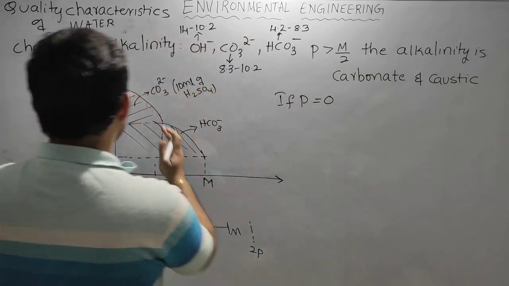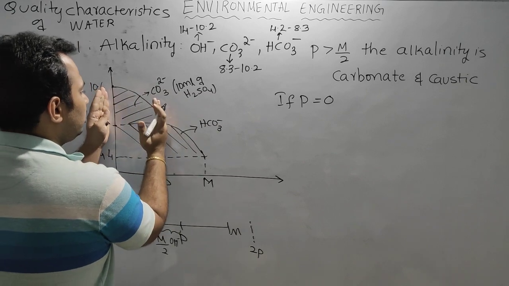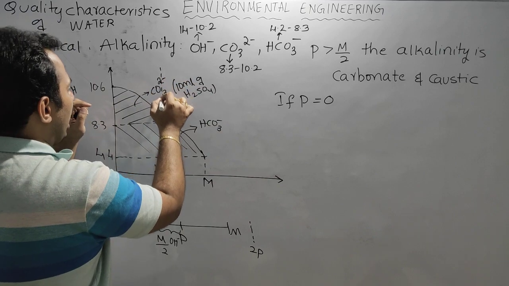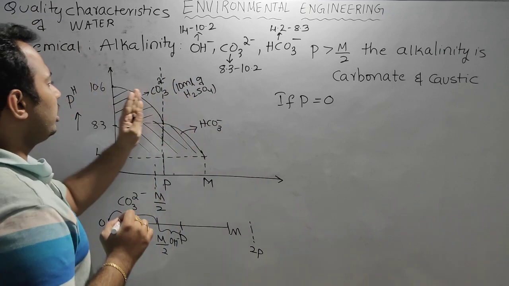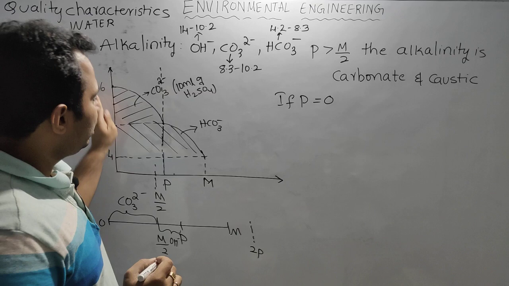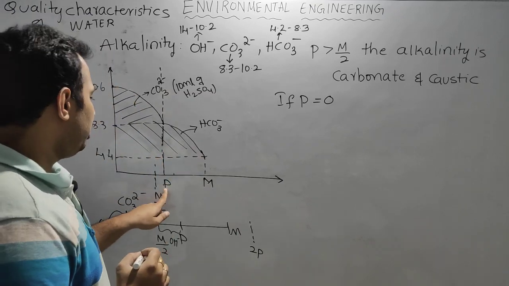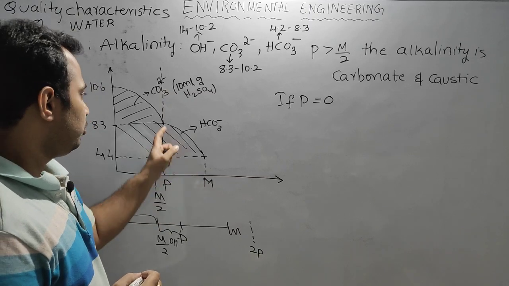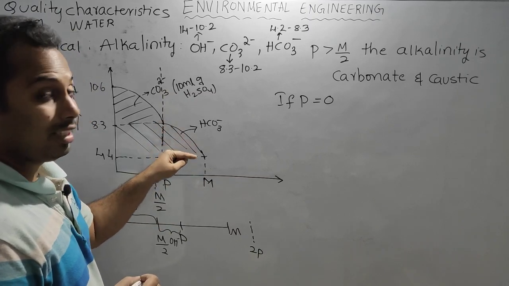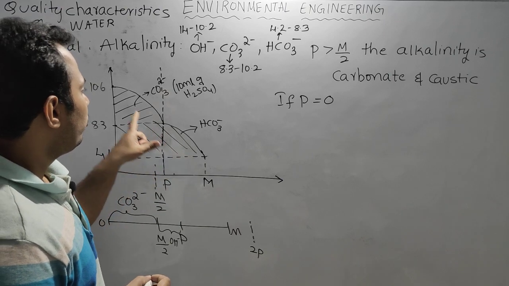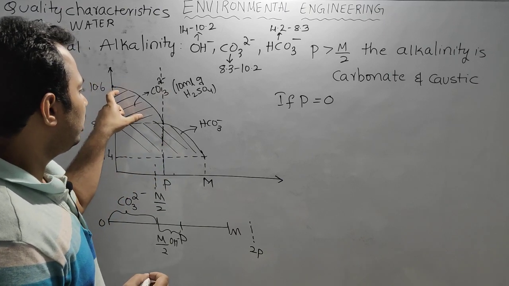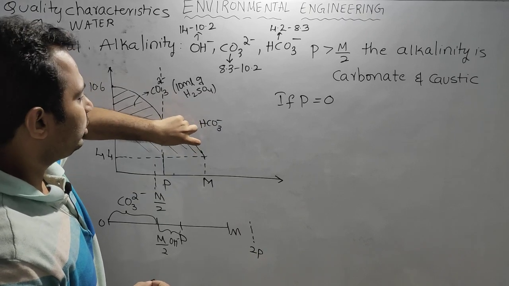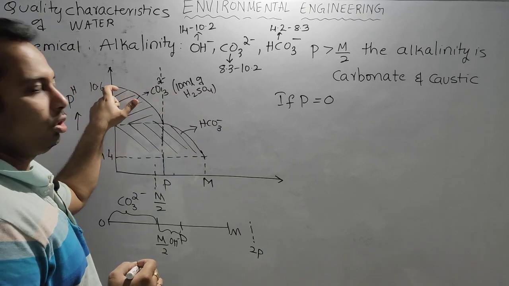That means completely 0 this is. We have started our graph. See, if this is the axis, forget about this part. Don't look at this part, only look from here. So P is 0. Only this part is existing. That means what? Only HCO3 minus inherent. Because when there is CO3 2 minus, there will be HCO3 minus. But if HCO3 minus is present, it does not mean that there will be CO3 2 minus.